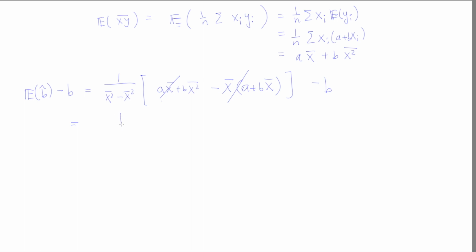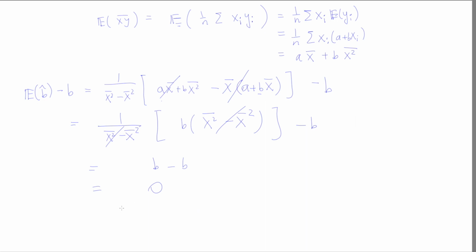This equals 1 over (x squared bar minus x bar squared) times B times (x squared bar minus x bar squared), minus B. Now these terms cancel out, and we just get B minus B, which is equal to 0.